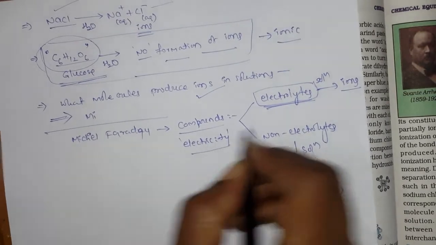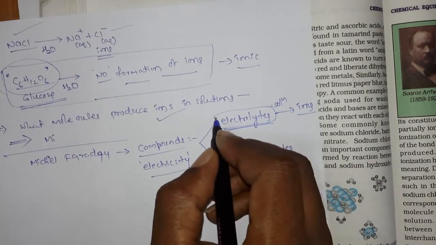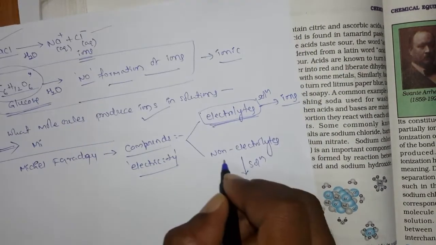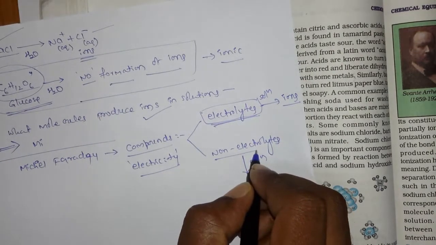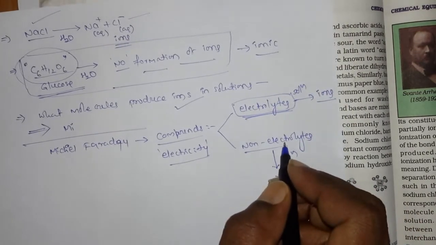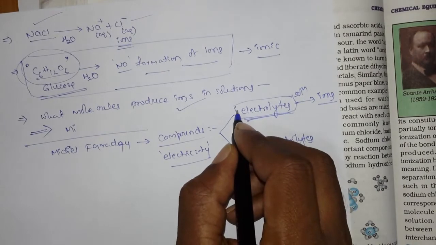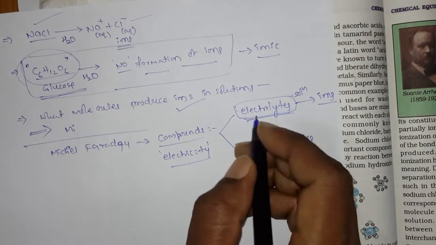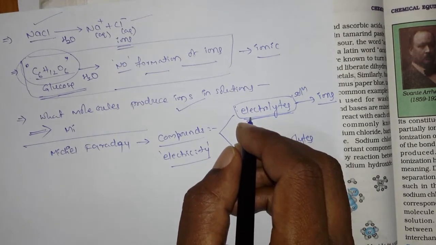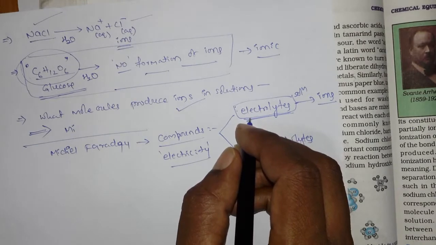Okay, so why did he keep this name as electrolytes and non-electrolytes? For that you learned somewhere, but again I am telling what is that electrolyte. Generally the electrolyte carries the electricity or produces the electricity when it is in the solutions.